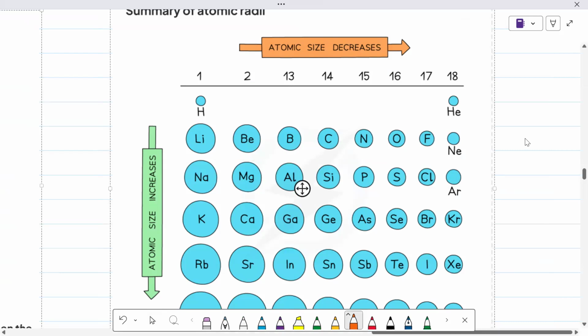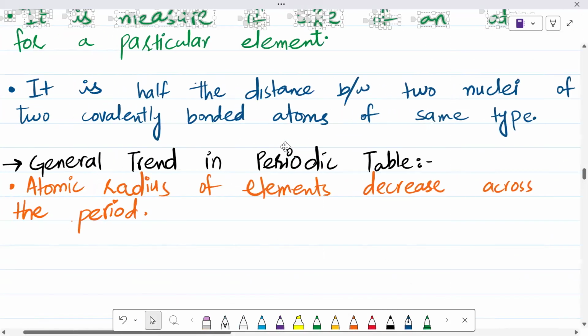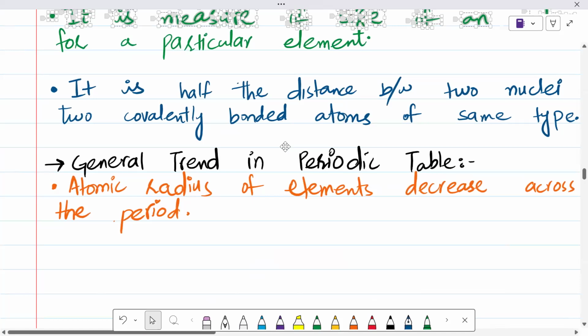When we talk about the reason why it decreases, what can be the reason? When we go from left to right in the period, the nuclear charge, we say the atomic number, increases. And what is meant by atomic number increase? What is meant by this statement?